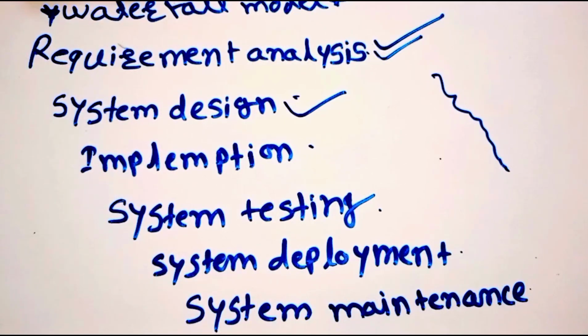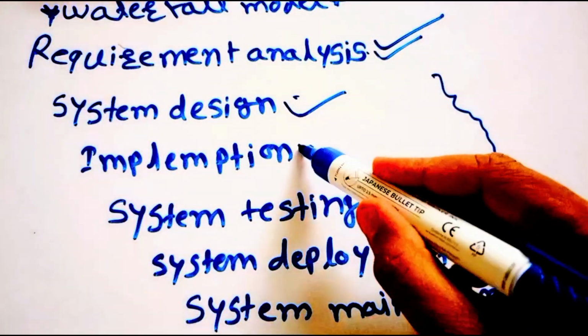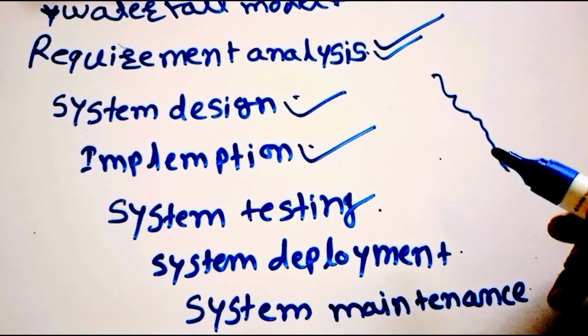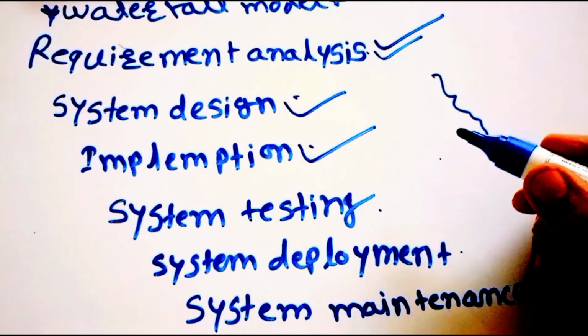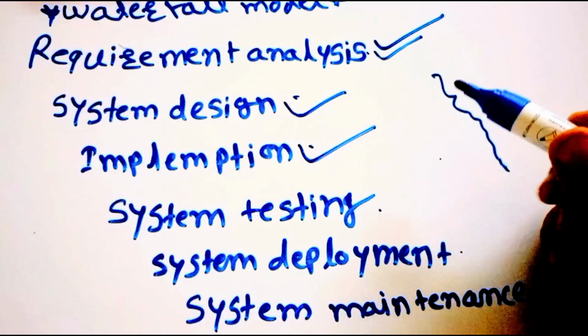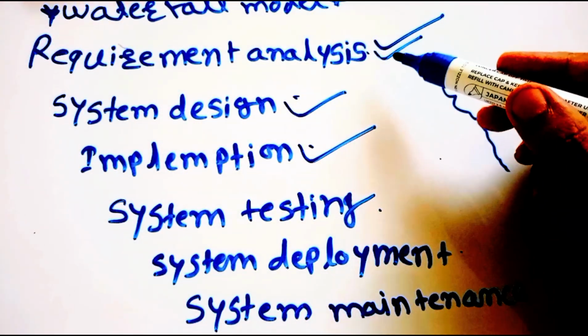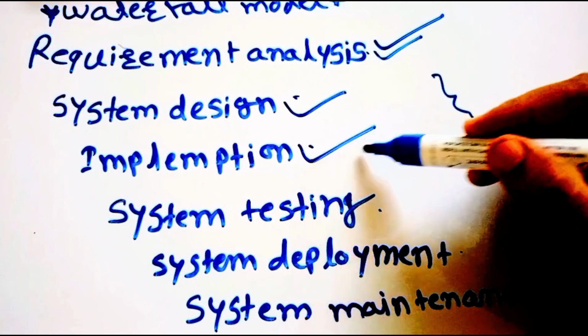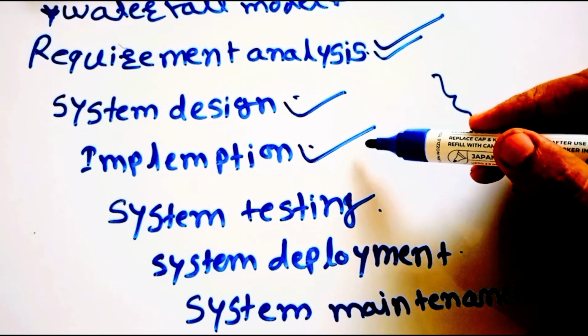Now the implementation phase. Now the actual code is written based on the system design. First requirement gathering, then system design, and now actual code writing starts in the implementation phase.